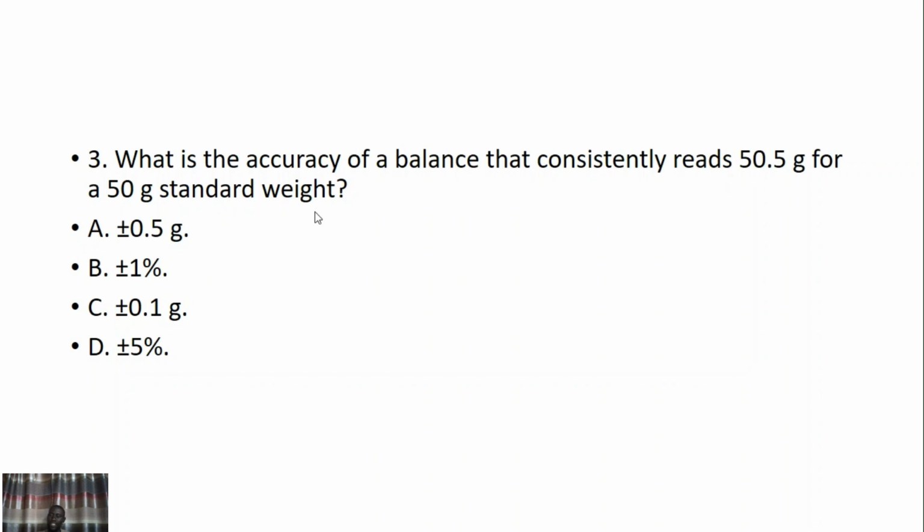The accuracy for this instrument will be 50.5 minus 50, which is equal to 0.5. So plus or minus 0.5. That is the accuracy of the balance.